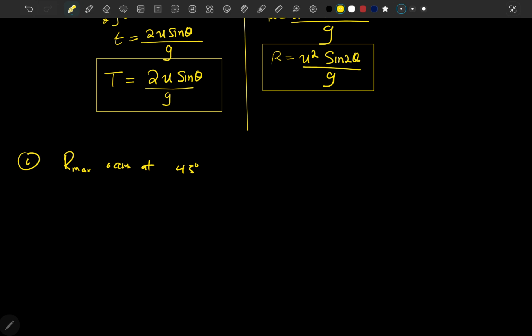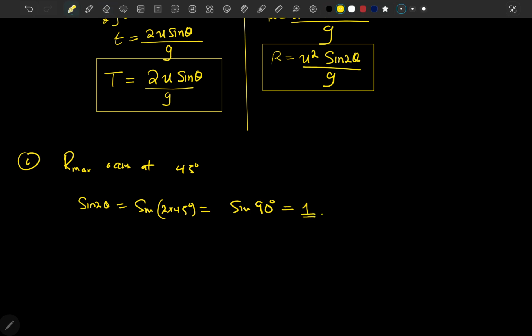Replace theta. So we have sine 2 theta, which will be sine 2 times 45 degrees, which will be sine 90 degrees, and sine 90 is just 1.